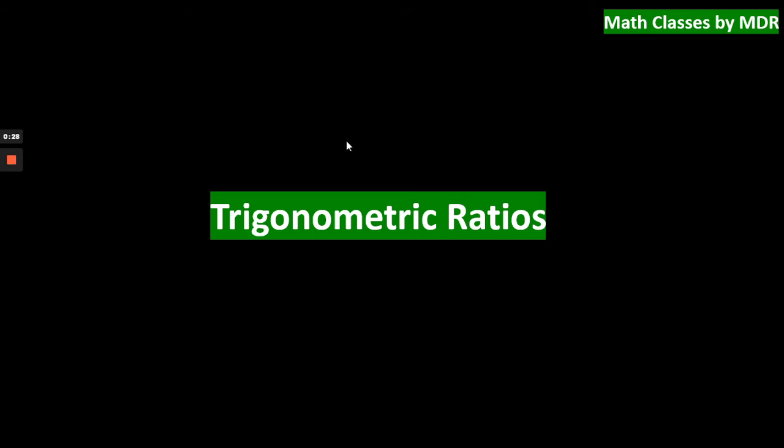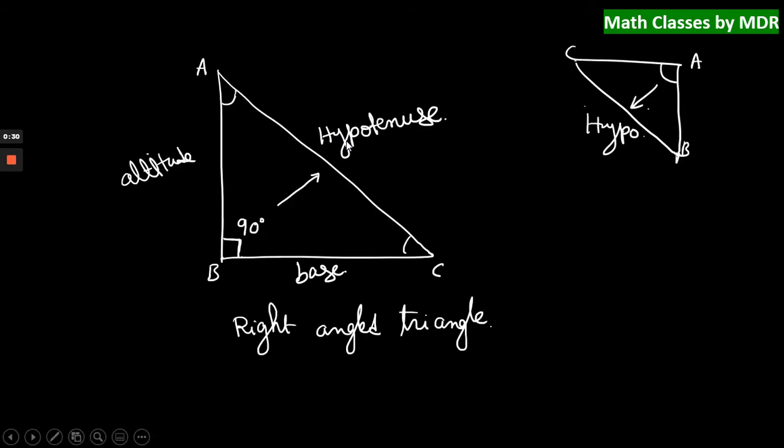A triangle which has one of the angles as 90 degrees is called a right angle triangle. So this is an example of a right angle triangle. See here, this triangle ABC has an angle of 90 degrees at B, right?